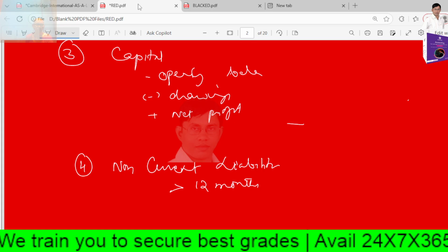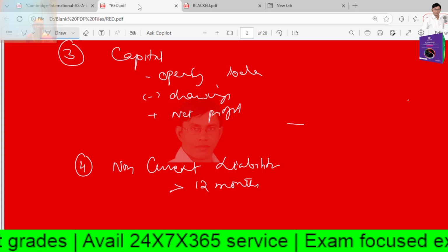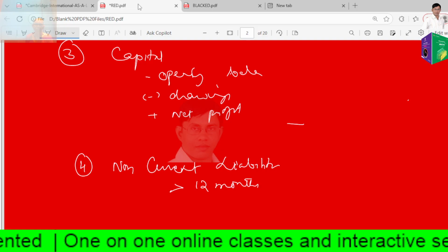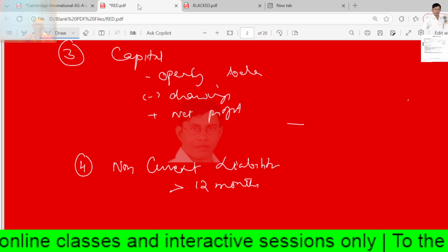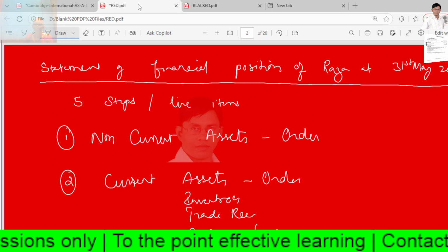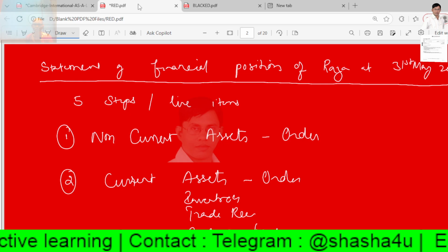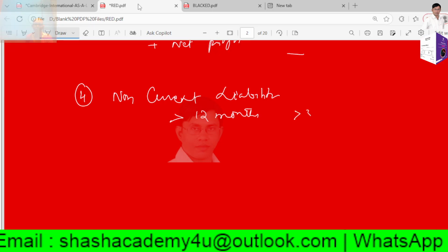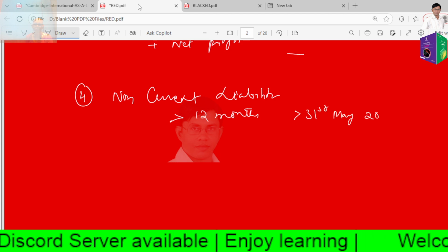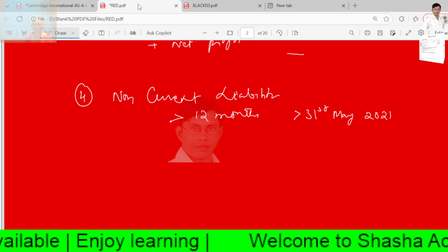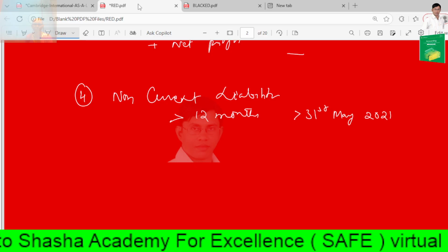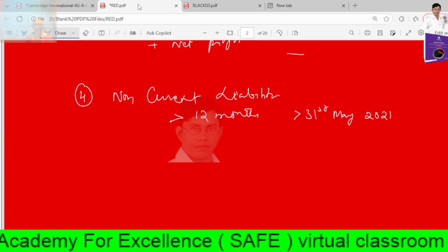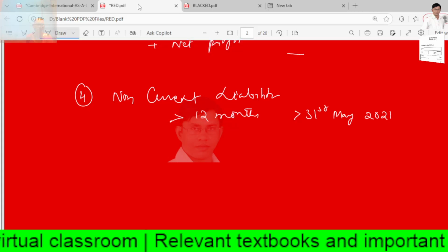From the date of the balance sheet, for example 31st May 2020, if any liability is payable after 31st May 2021, after the lapse of 1 year, then it is non-current. It should be recorded as non-current liabilities.